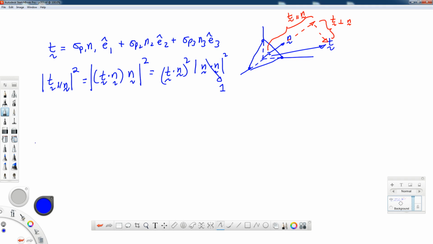All right, actually, I don't think I need the square on this one. Either way it's irrelevant, since the magnitude of n, since n dot n is equal to 1. All right, so if we evaluate t dot n, here's our vector t, and multiply that by n, t dot n is going to be equal to sigma p1 n1 squared plus sigma p2 n2 squared plus sigma p3 n3 squared.